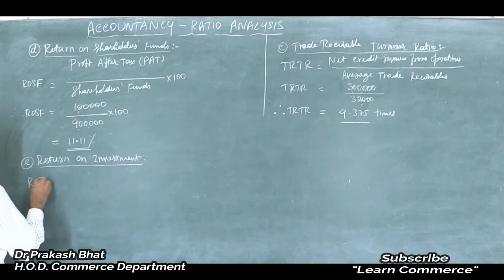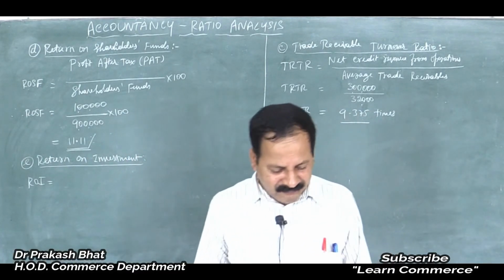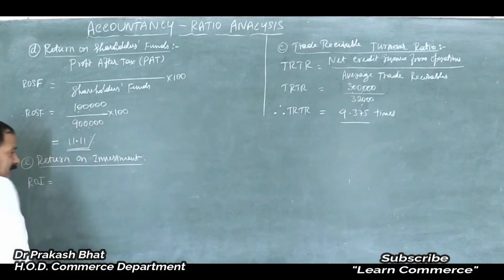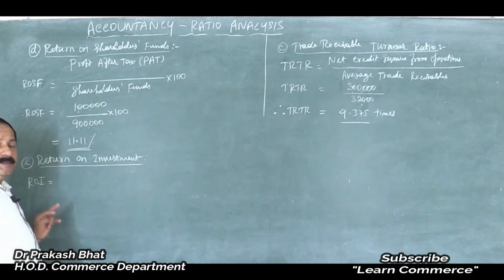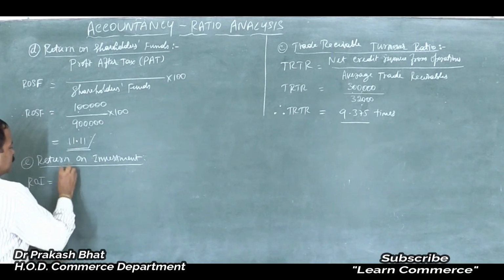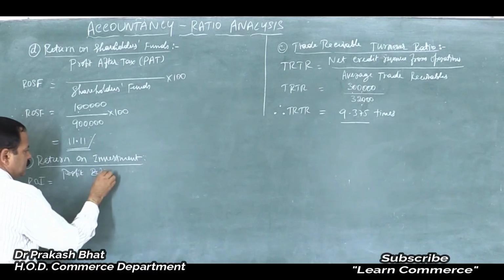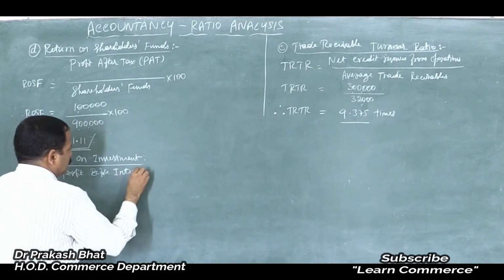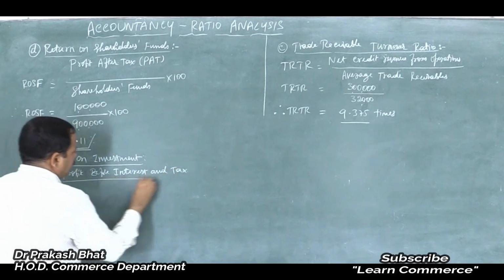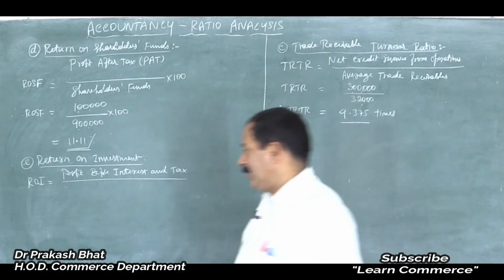Return on investment, ROI, is equal to, write the formula, profit before interest and tax, that is EBIT, earnings before interest and tax, divided by capital employed.